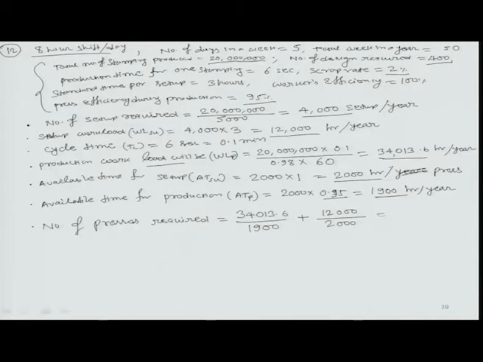So, solving this we get 17.9 plus 6, that is equal to 23.9, which means 24 presses required.